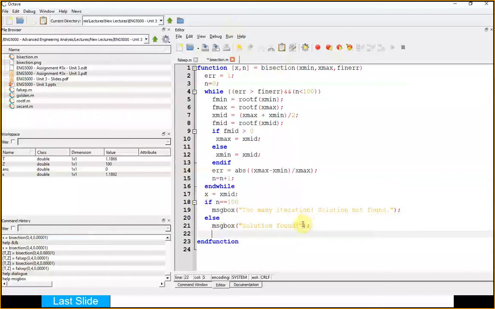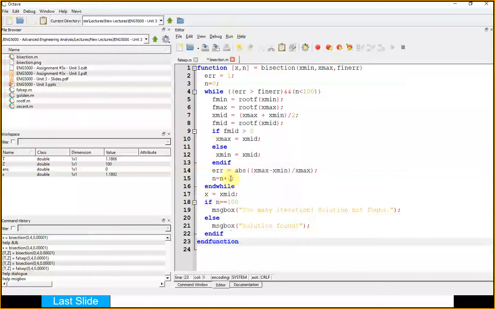And then I say endif. End function. Alright, so that should do it.